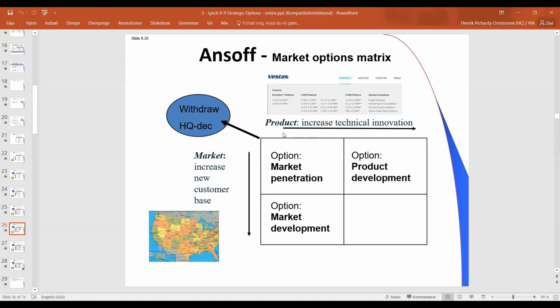And that means that they have also increased the technical innovation within their product. So in their existing markets, they have been able to offer larger and larger wind turbines using new types of technology and technical innovation.